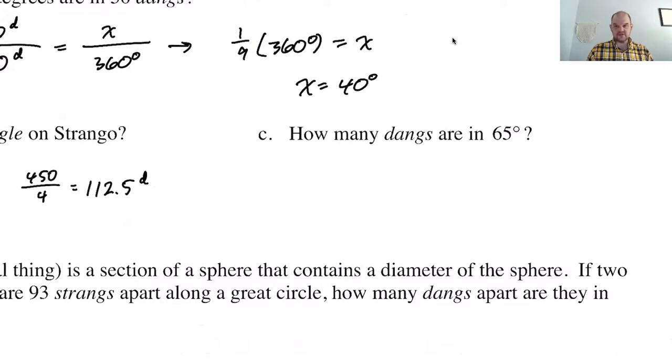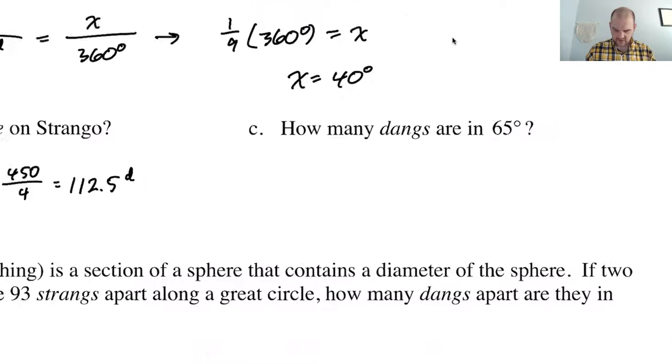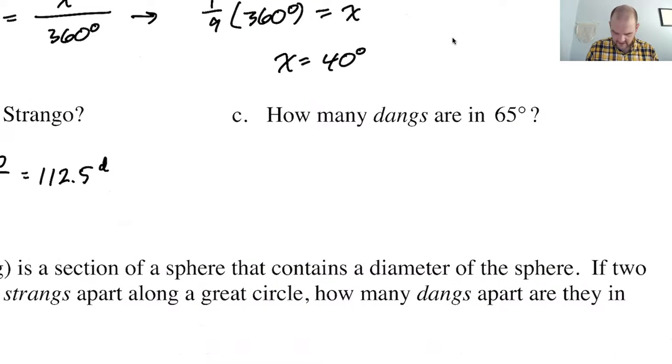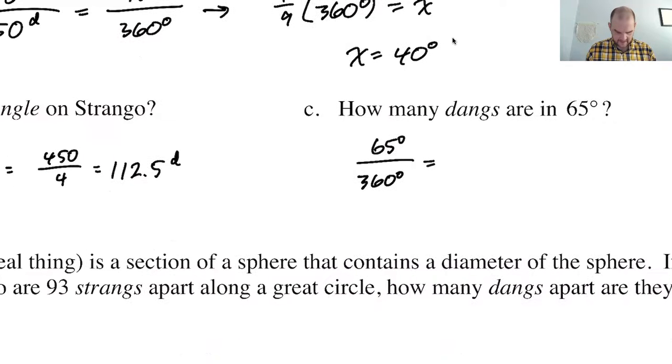How many dangs are in 65 degrees? Proportional reasoning. Let's keep going with this. So 65 degrees out of 360 degrees should be equal to x dangs out of 450 dangs.